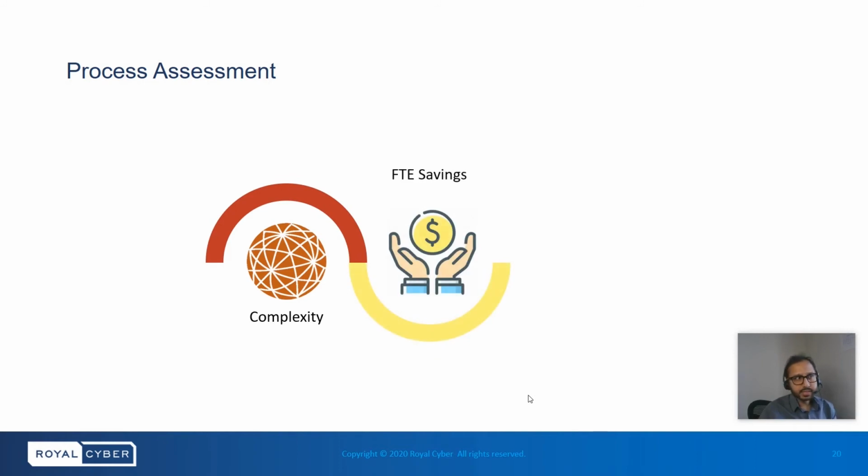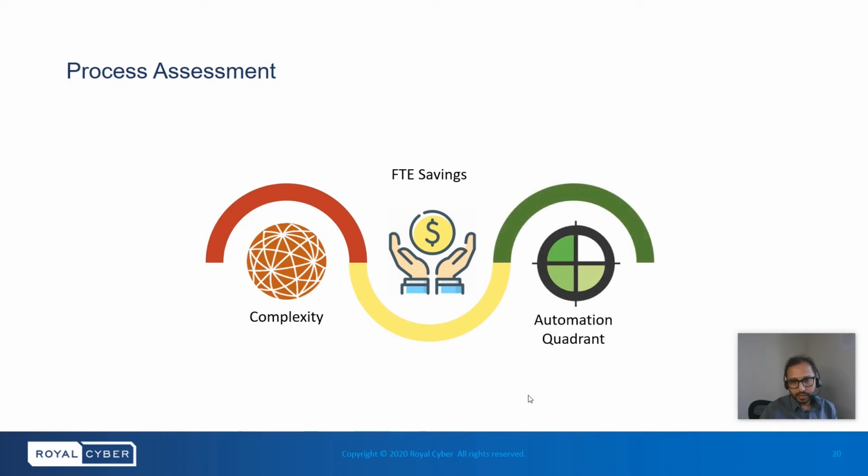Second comes the FTE savings we can achieve through automation. So calculate the full-time equivalent savings that can be achieved by automation of a process to gauge the advantage of ROI for a process automation. So this is also an important factor. Then the automation quadrant: which quadrant does this process lie in? It is also important.